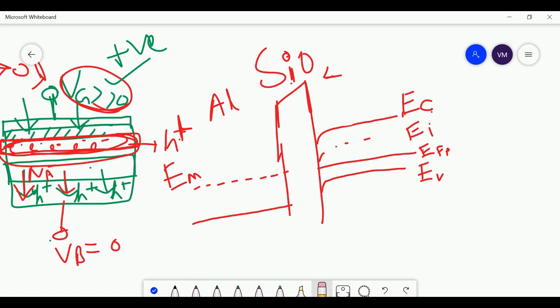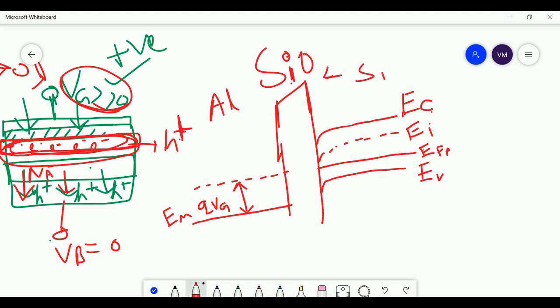So now this is your new Fermi level of metal, and it has moved by what distance or what potential? It is moved by the potential equal to the gate voltage, because we are measuring in electron volts, so I multiply it by q. Fine. Now let us move forward.